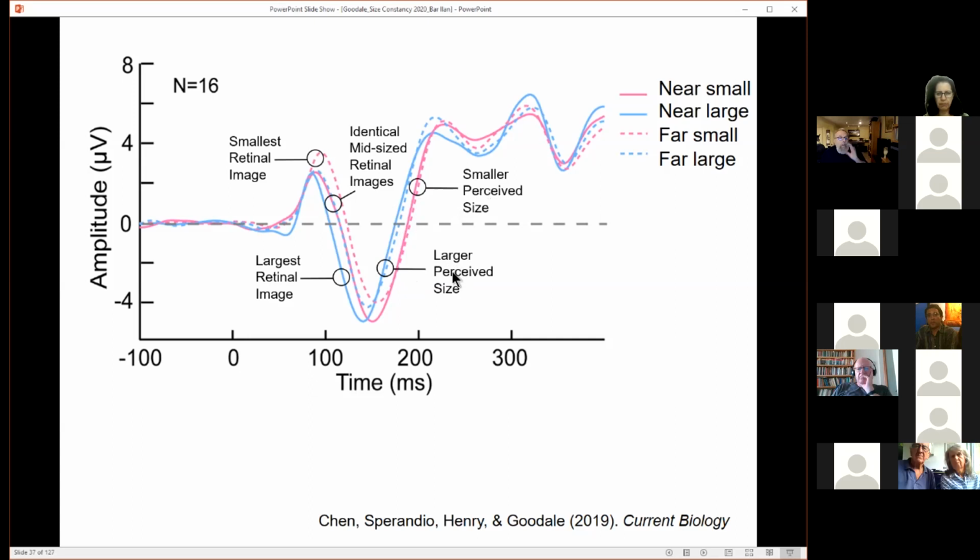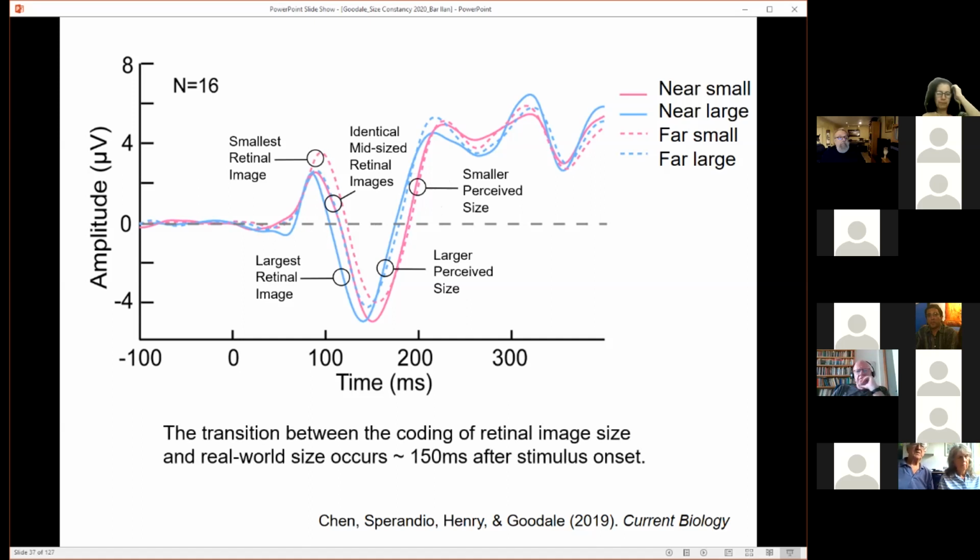So this evidence suggests that early on, V1 is reflecting, perhaps as it should, the retinal image size, but then as computations are performed on it, presumably again from recurrent pathways from V1, or perhaps it takes time for these early computations to be realized, you get real world size emerging in the representation of the retinal signal in V1.